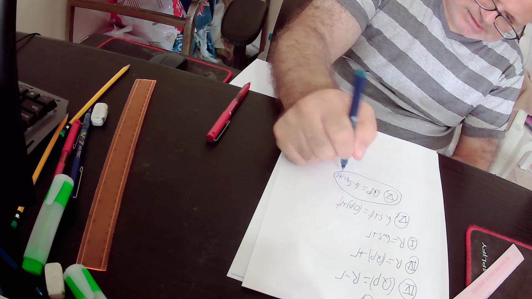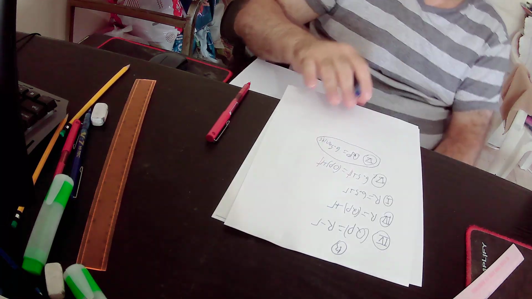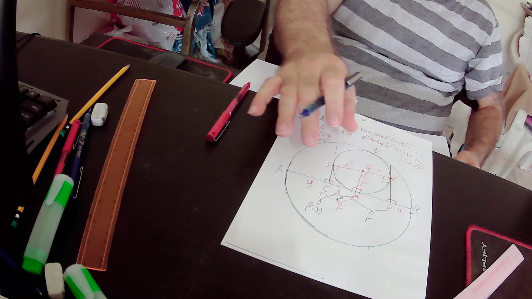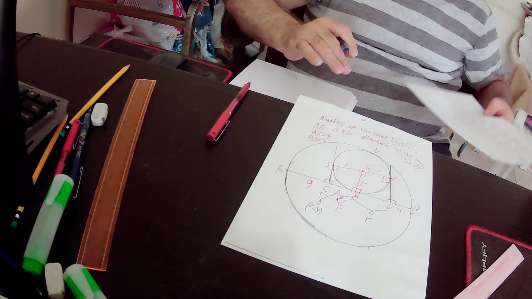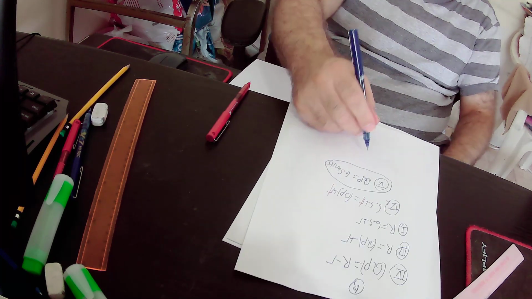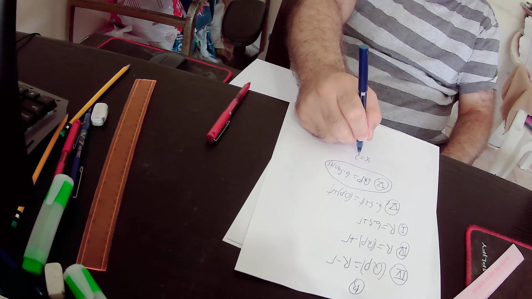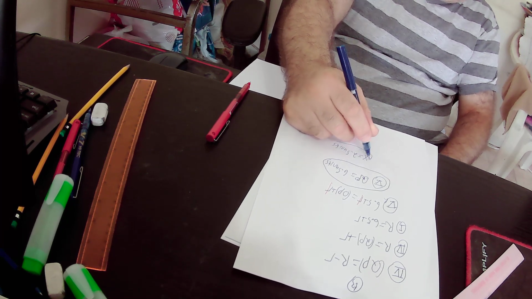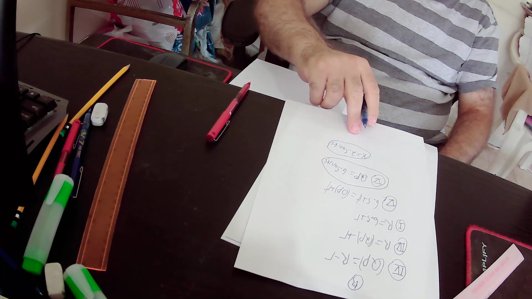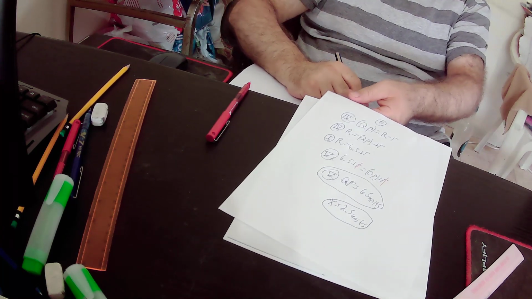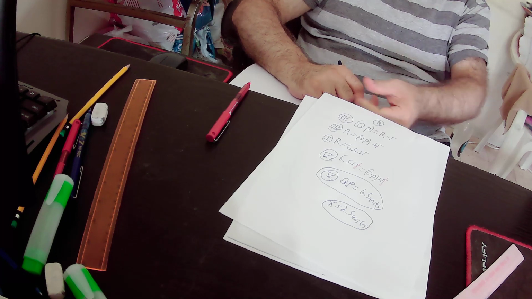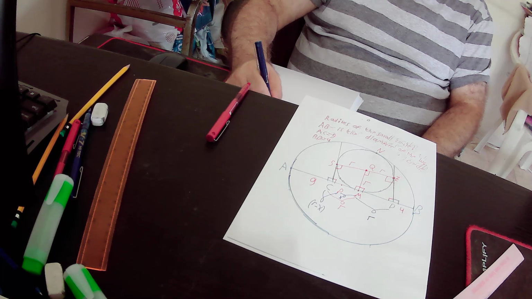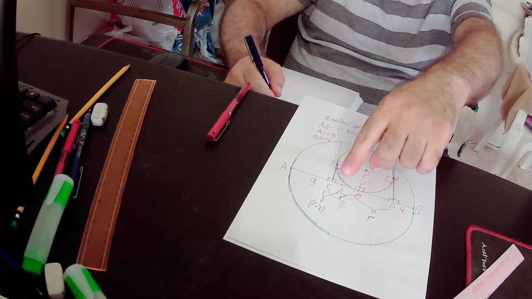Actually, QP is the distance between the centers of these two circles, and it equals 6.5 units, and we have already found out that x equals 2.5 units. Okay, QP equals 6.5 units and x equals 2.5 units. So in the next step we will connect together points Q and P by a straight line.